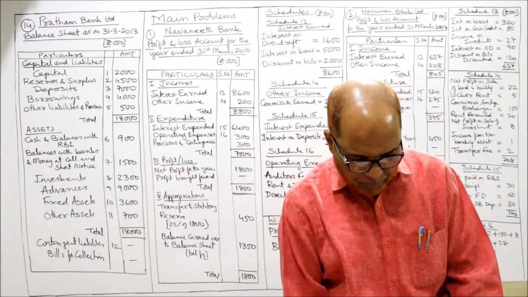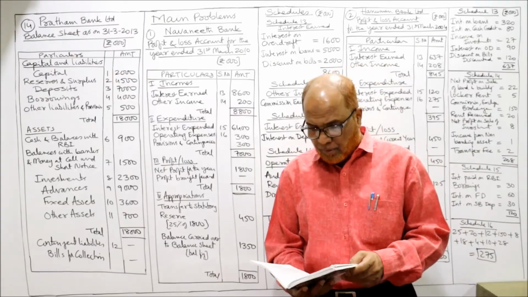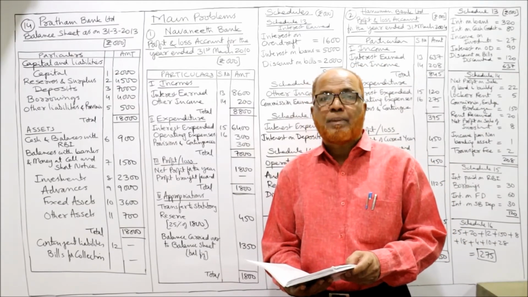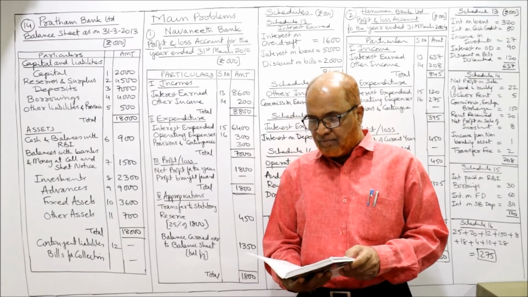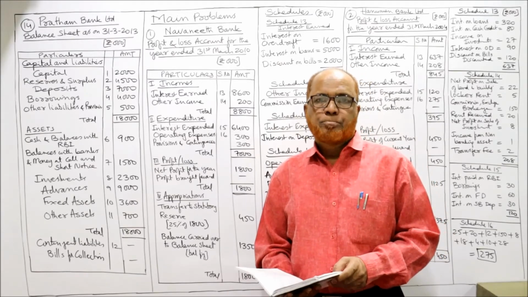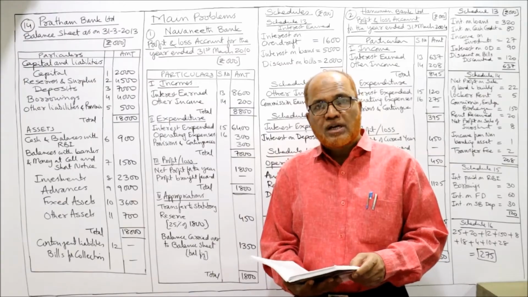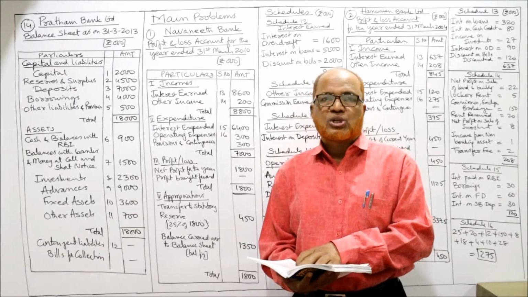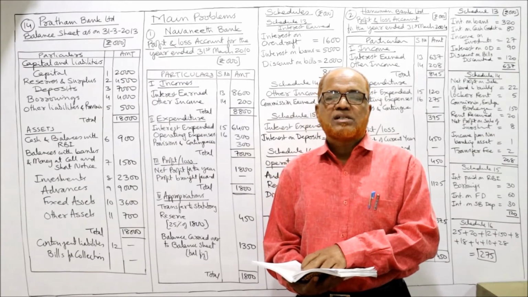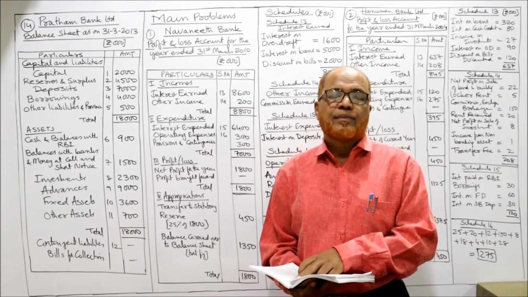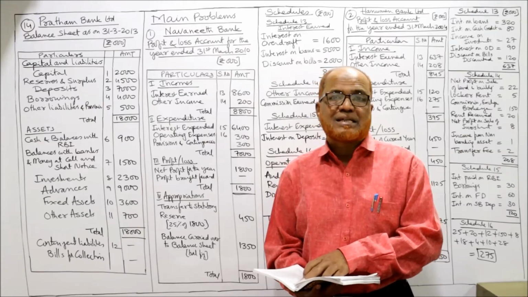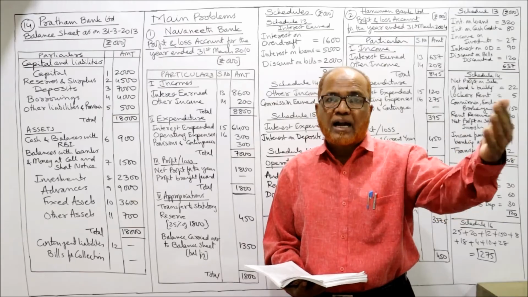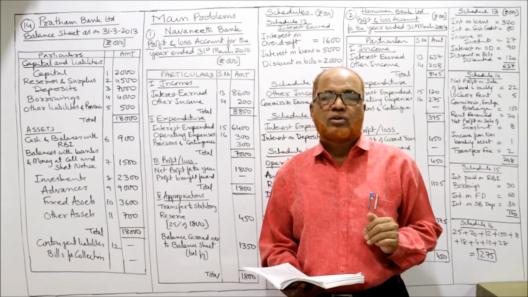The first main problem. From the following information, prepare profit and loss account of Navneet Bank Limited for the year ended 31st March 2010. I'll read out the amounts and tell you which item will come under which schedule. Interest on deposits is interest expended, so you can write there itself 15th schedule. On deposits interest is paid, and on advances interest is received.